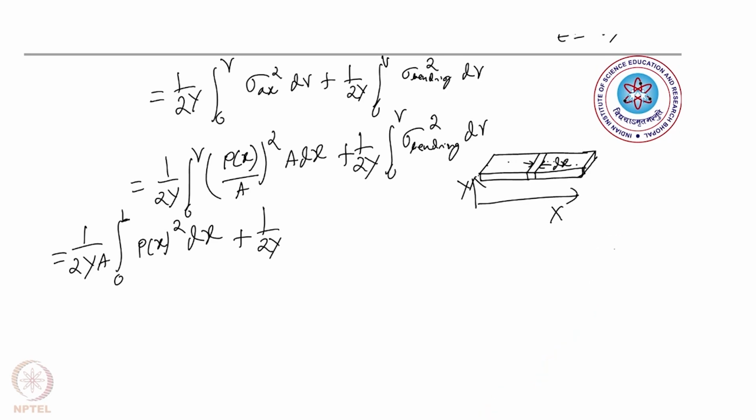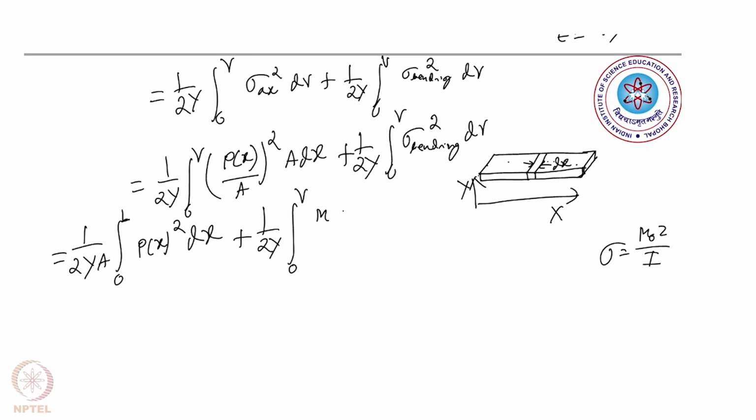We got that sigma is equal to M0 z by I. Here in the y direction, let us say we take a point where the layer is at a distance small y from the neutral axis, then we can write 1 by 2Y, where this Y is the Young's modulus capital Y, and then 0 to V. This sigma is M0 z by I. So M0 is here our general M, or the moment at any point x.